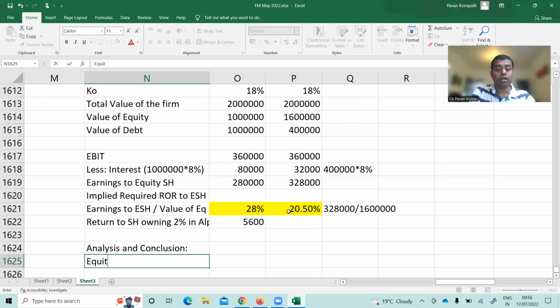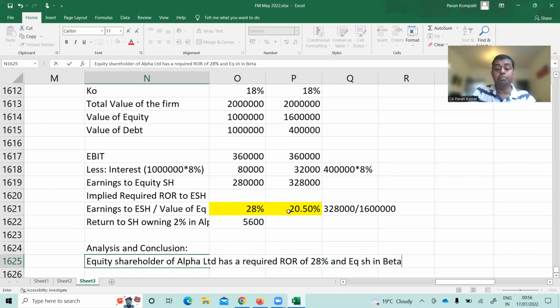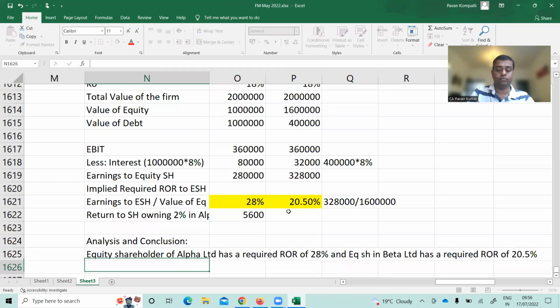Equity shareholder of Alpha Limited has a required rate of return of 28%, and equity shareholder in Beta Limited has a required rate of return of 20.5%.